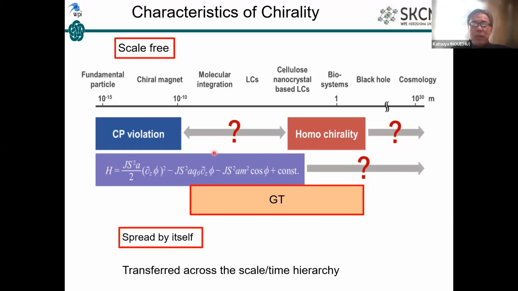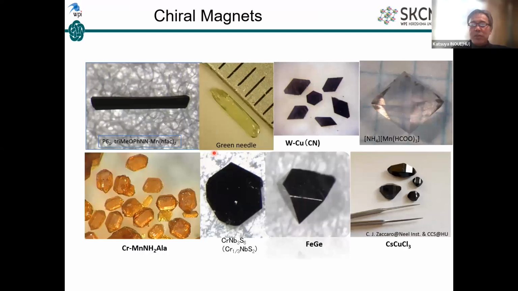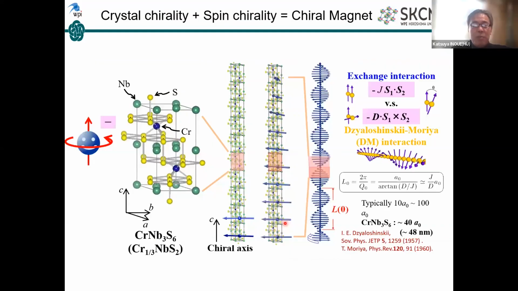Let's go back to the last seminar. We synthesized many different chiral magnets from molecule-based systems, inorganic systems, and intermetallic compounds also. Let's remember the inorganic chiral magnet system I already told you about.